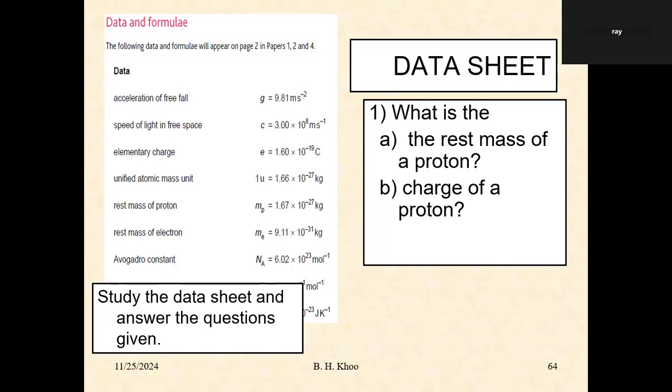Okay. 1.67 times 10 to the power negative 27. Know where to find it? Charge of a proton? Can you find it?